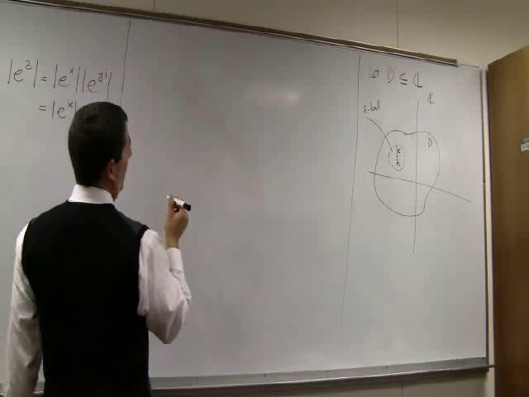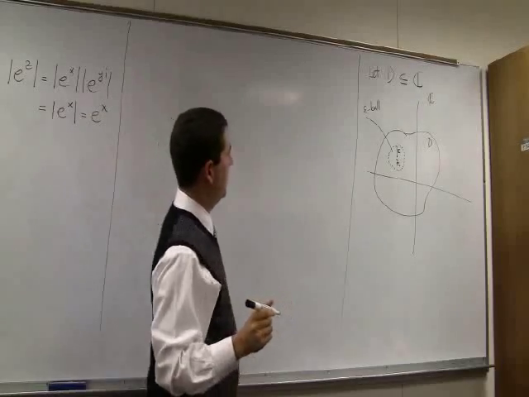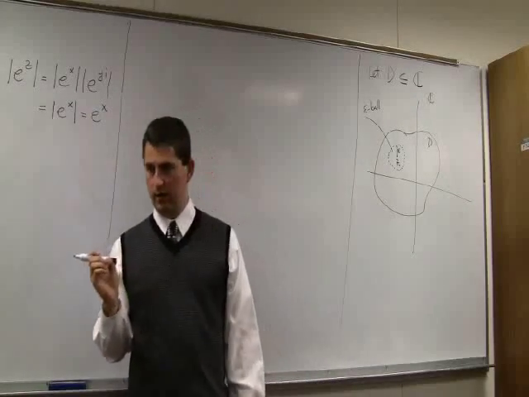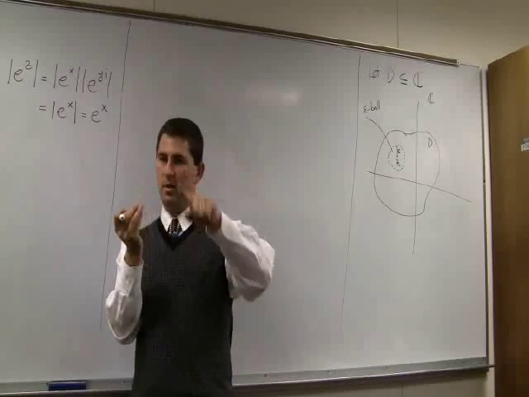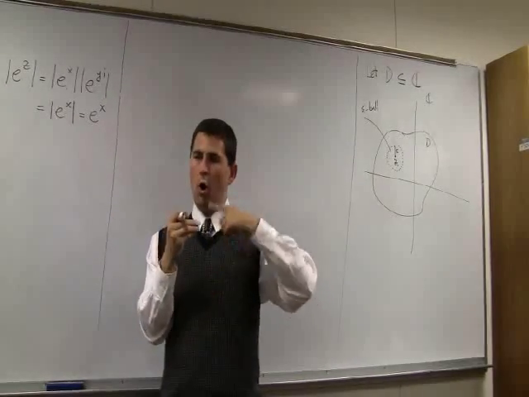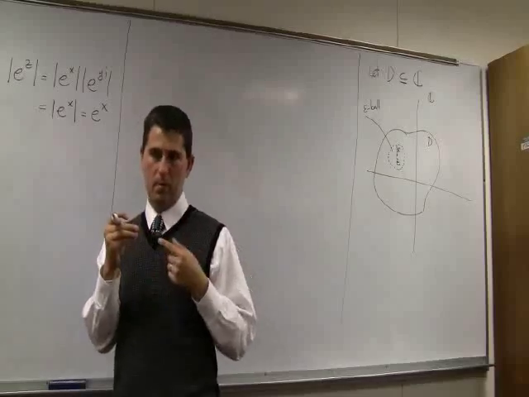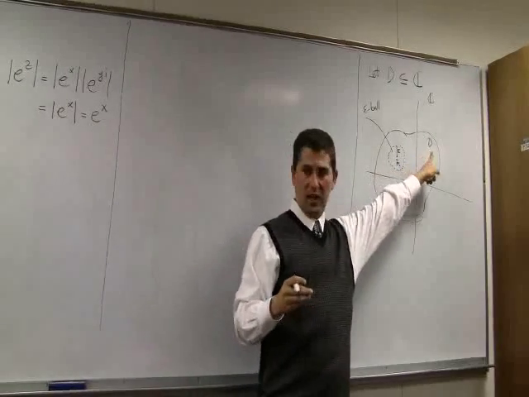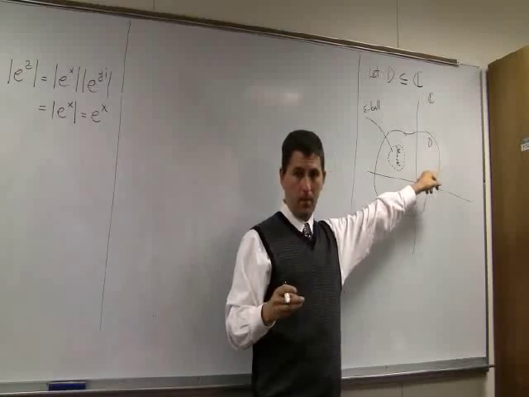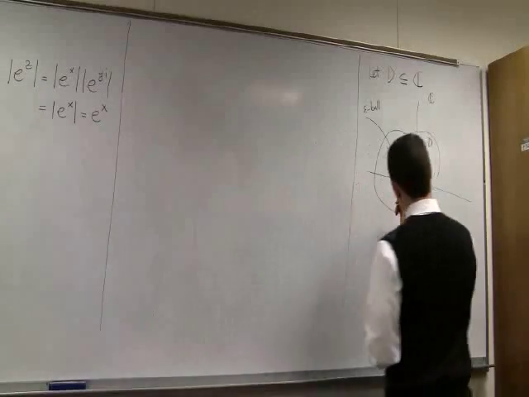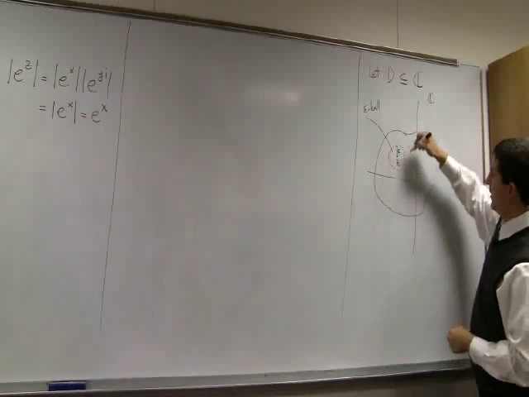Fine. The question that we want to answer is, if I pick this point Z0 and I put an epsilon ball around it, are all the points within that epsilon ball inside of my set D? For instance, over here I have a nice epsilon ball.